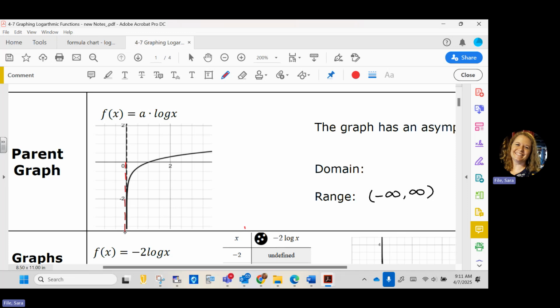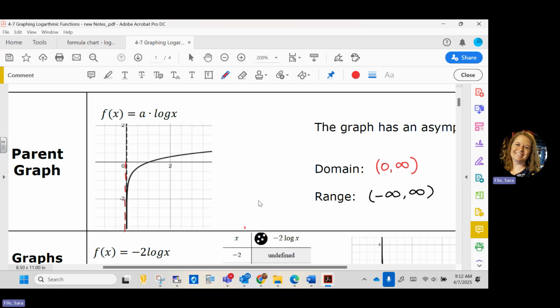It's not going to reach the asymptote. So your domain is going to be restricted to 0 to infinity. Now remember, it would be a parenthesis on both of those. Infinity is always parentheses because you can't reach infinity, but 0 is also a parenthesis because it's an asymptote. The graph approaches 0 but never reaches it.